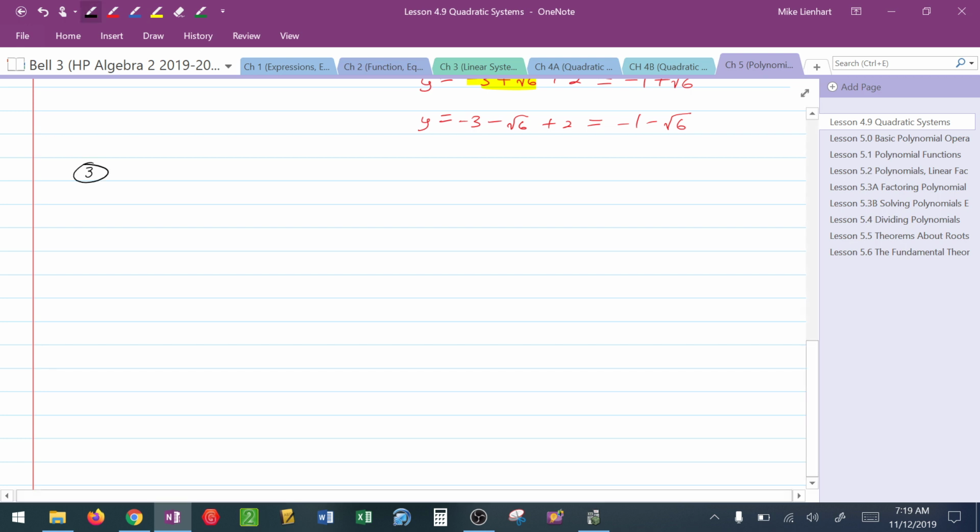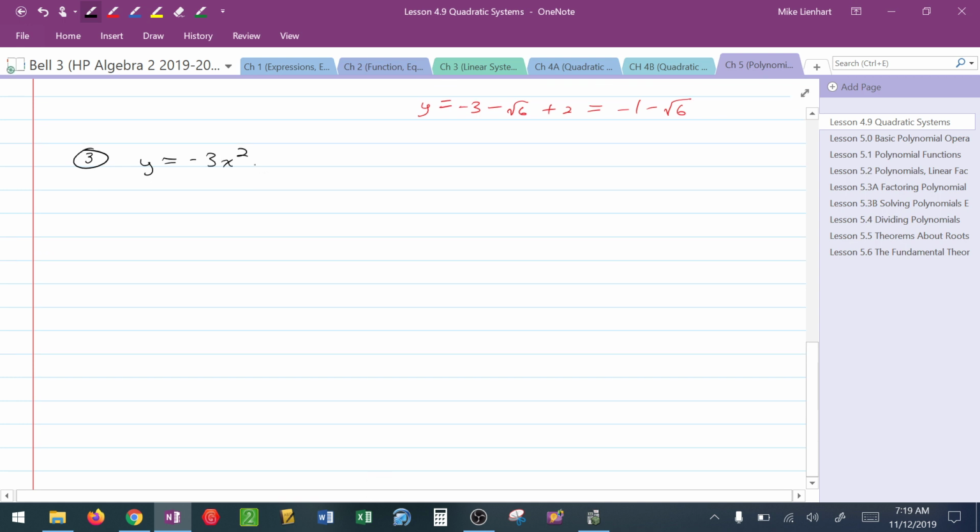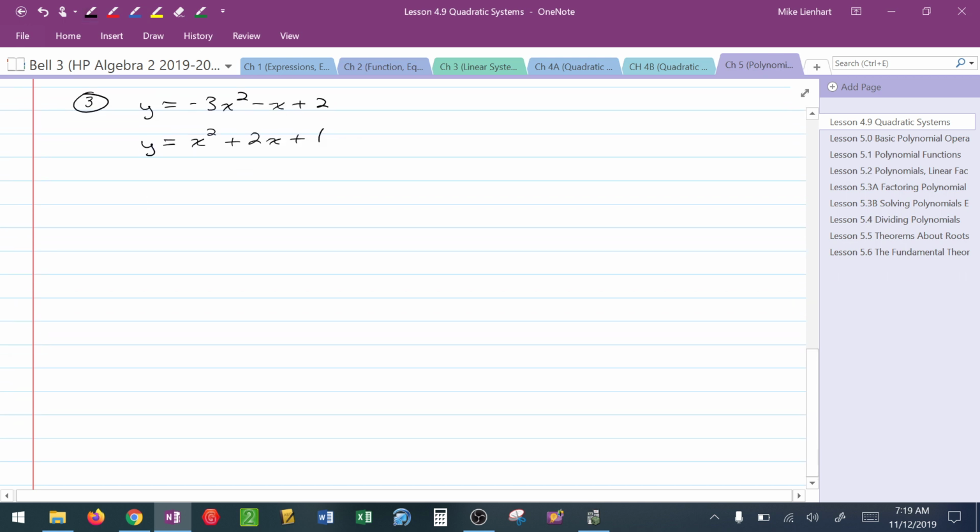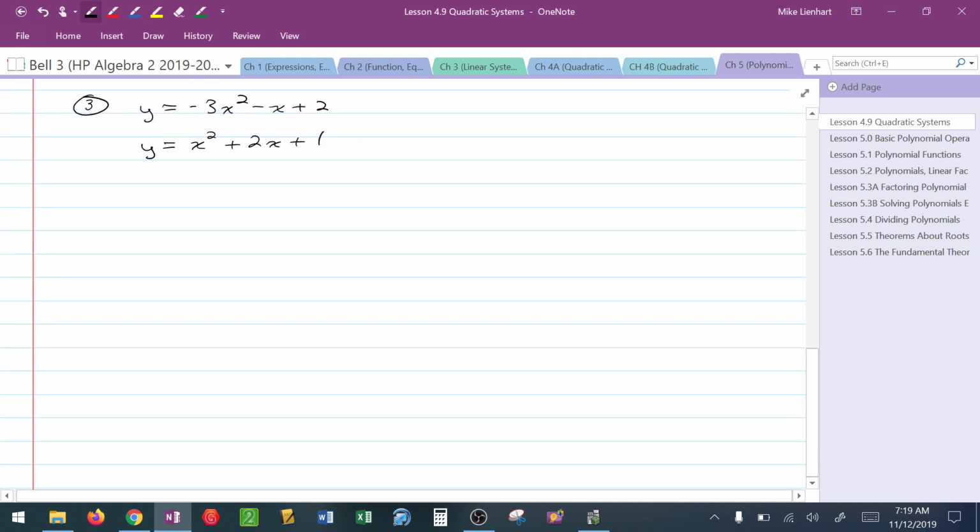So let's take it a little bit further, and let's say that we have these two equations. Y equals negative 3x squared minus x plus 2, and y equals x squared plus 2x plus 1. All right, in this particular situation, we have what's called a quadratic system.